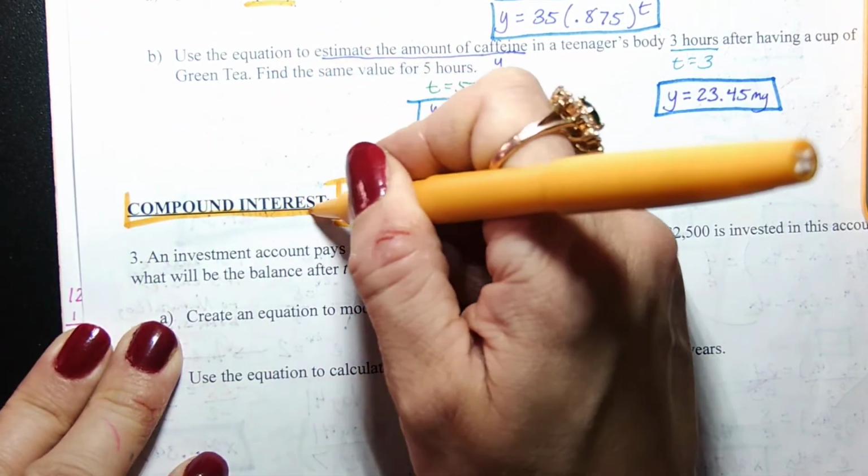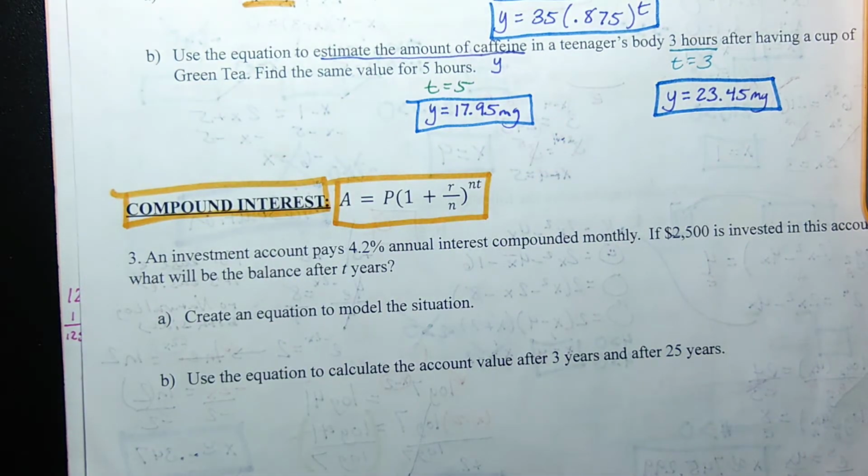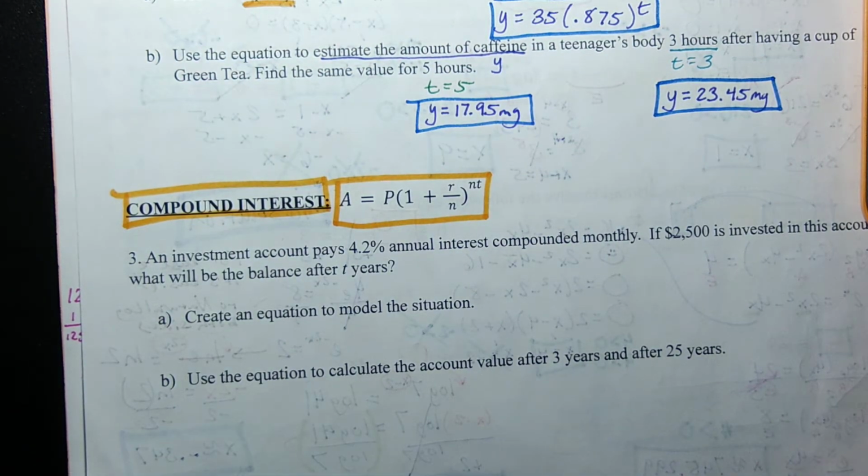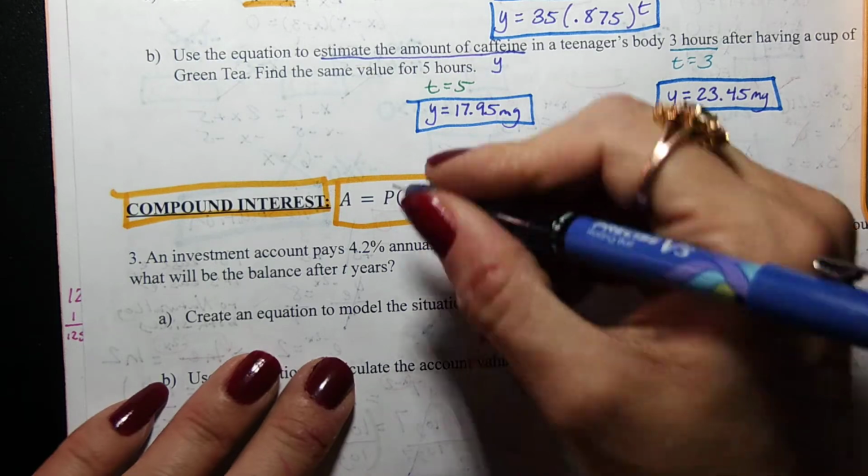This is a special type of growth function because if we're investing money, do we want our money to decay? So when we're talking about financial institutions, typically we just want our money to be growing exponentially. So compound interest is a special type of growth function, and it looks like a lot, but it's actually very similar to the equation above that we were just using.